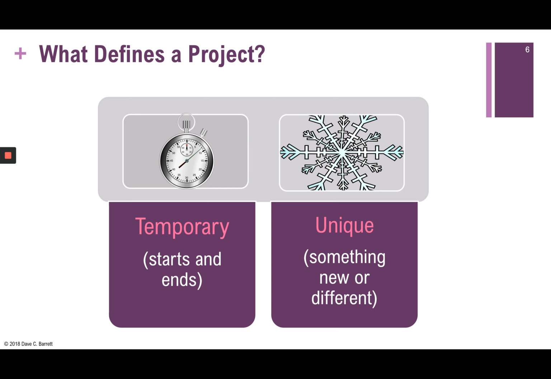So what defines a project? Well, what makes a project is really two main things. One is it's something that is temporary. That is, it starts and it ends. It does not go on forever. And the other is that it produces something unique, something new or different.